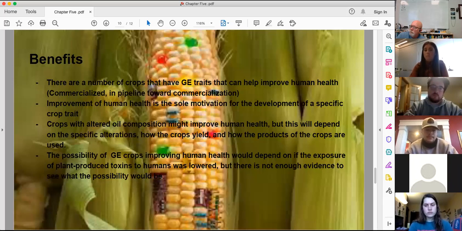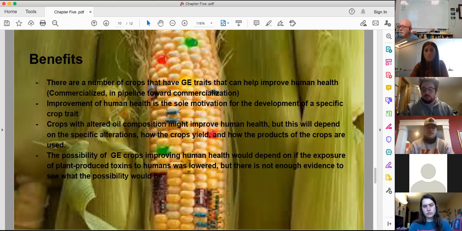Next slide. Some of the benefits of GE crops. There are a number of crops that have GE traits that can help improve human health, which would include commercialized crops and crops that are in the pipeline toward commercialization. Improvement of human health is the sole motivation for the development of a specific crop trait.